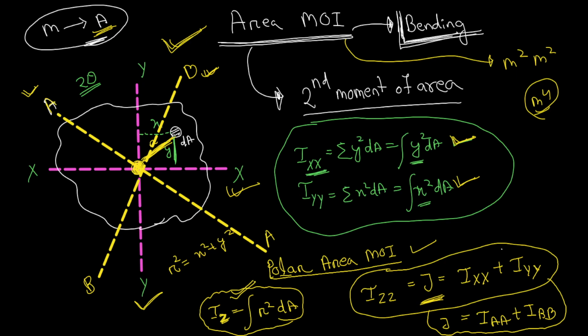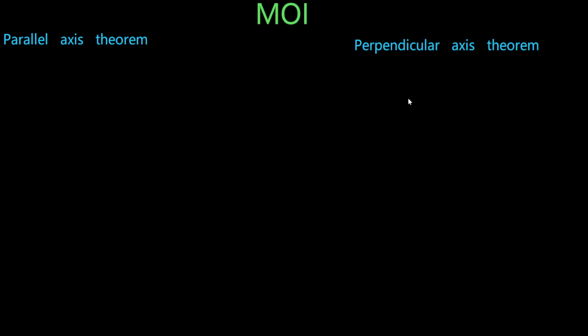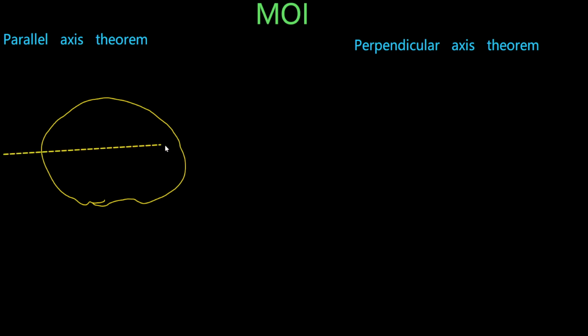Now we will just discuss the parallel axis theorem and perpendicular axis theorem, and it will be over. Parallel axis theorem, the similar concept. I am taking a random area and taking an axis, and another axis.